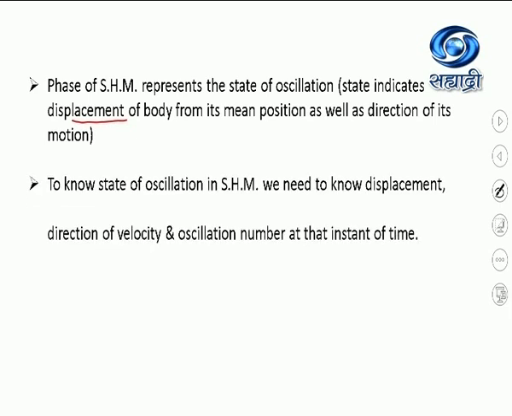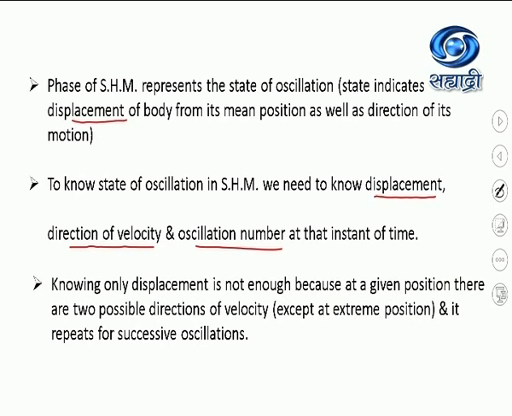To know this state of oscillation in SHM, we have to focus on the displacement, the direction of velocity, and the oscillation number at that given instant of time. So let us discuss these three situations one by one.